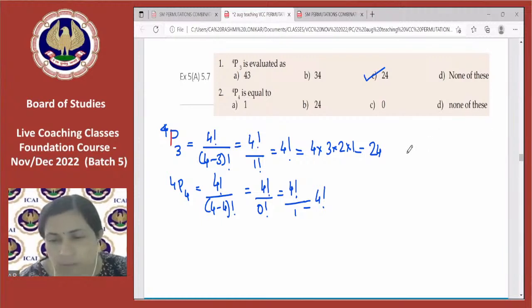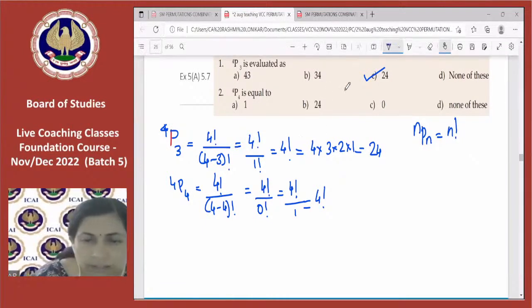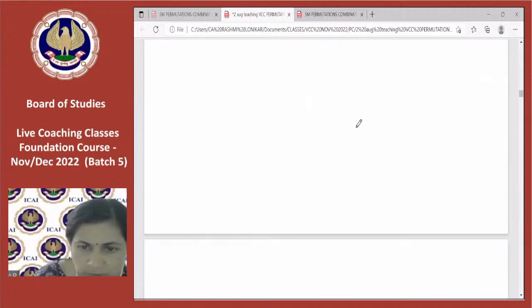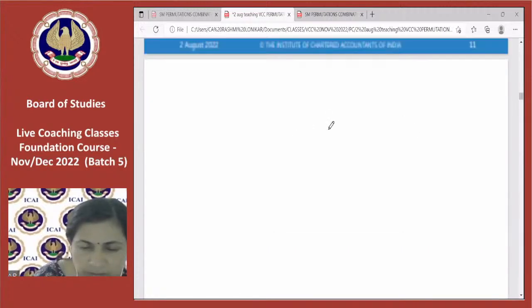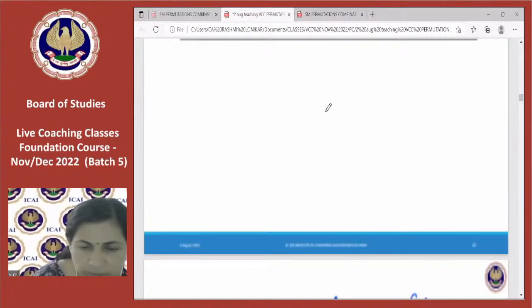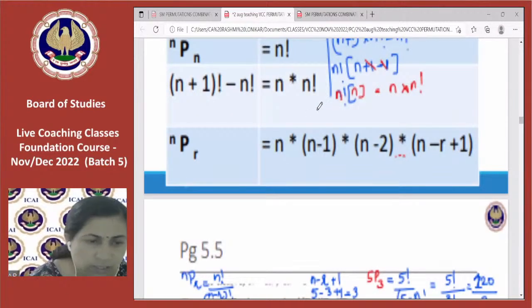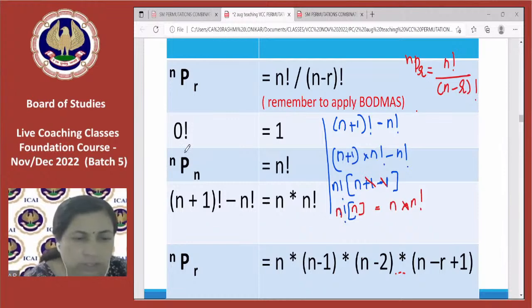So always remember that NPN is equal to N factorial. I think we have written it in the formula bar also. Important formula. Let me check. Yes, see. Can you see over here? NPN is N factorial.